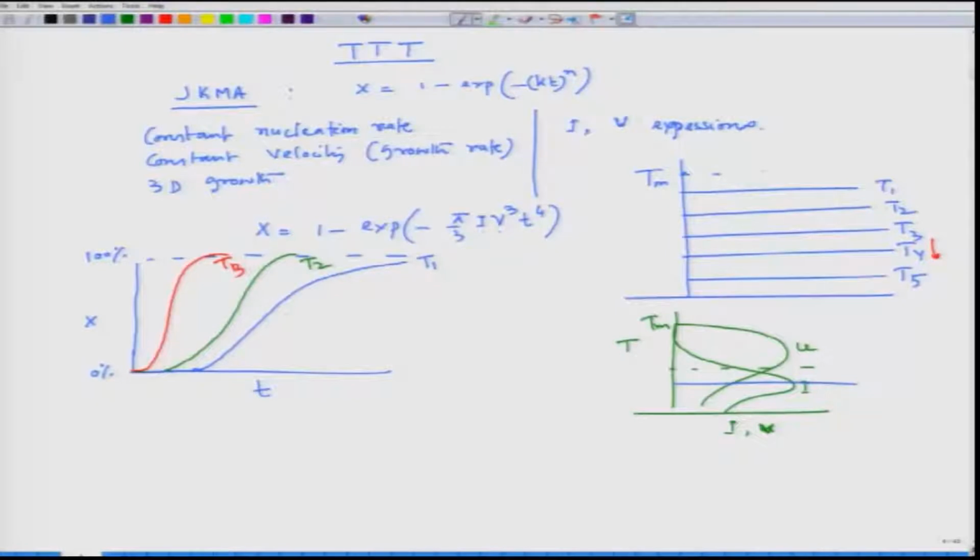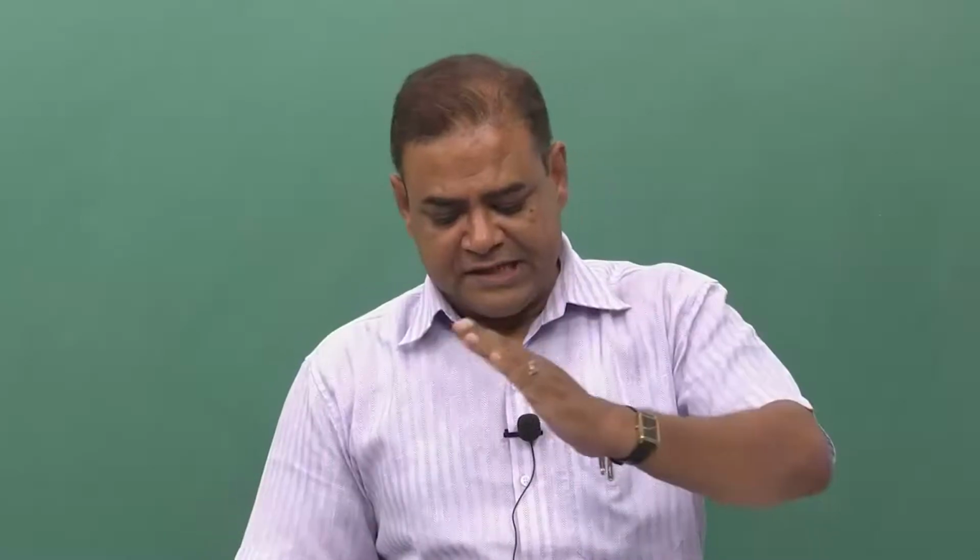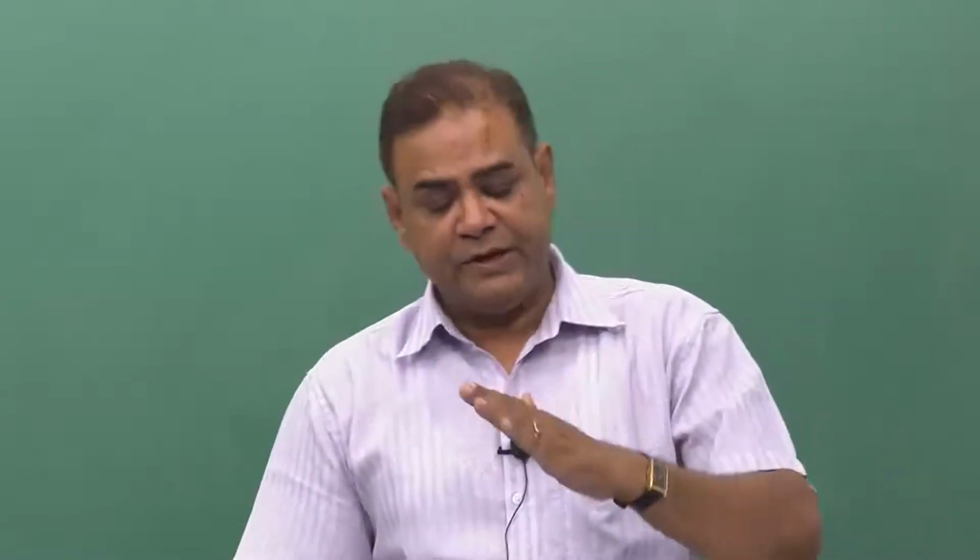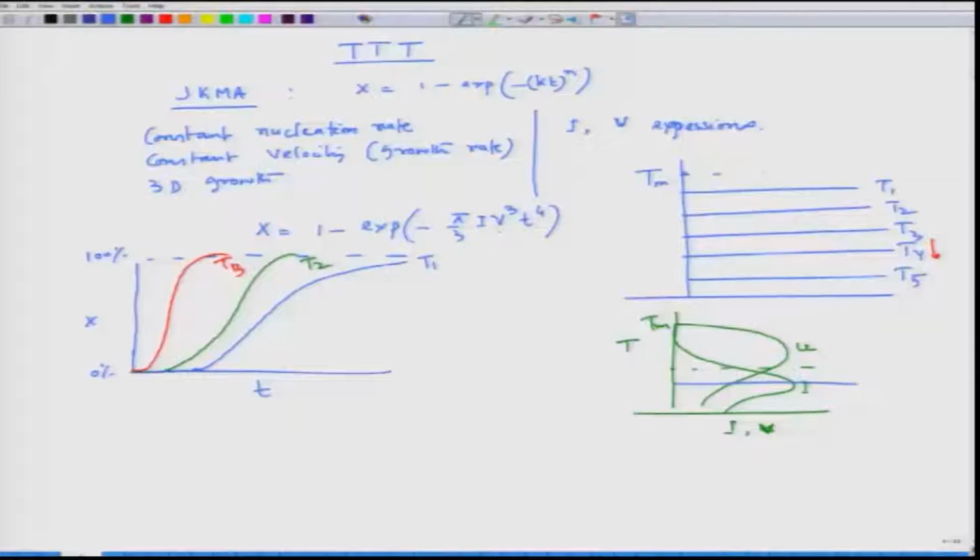And since the growth rate is slow, this particular slope would start tilting towards the right, it would become shallower. So, this particular point would start a little on the right side.